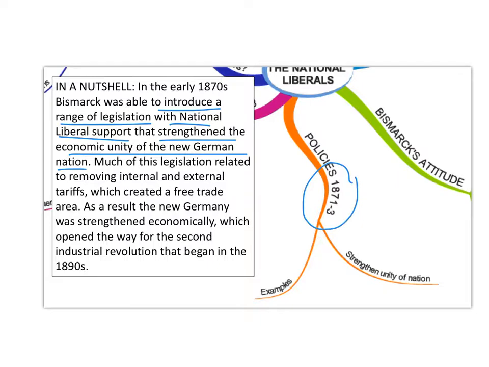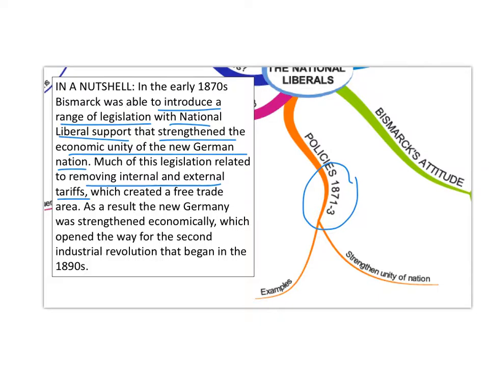Now, most of these laws were about strengthening the economy, and in particular getting rid of what we call tariffs, those taxes that businessmen had to pay every time they moved their goods either around within Germany or to other countries.